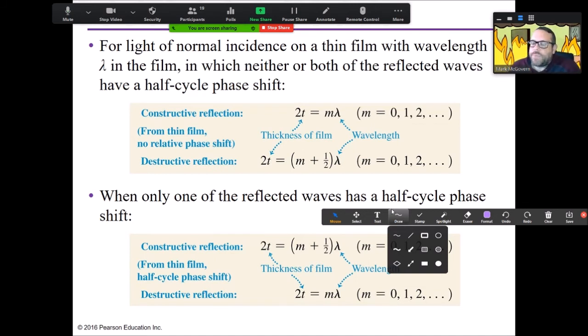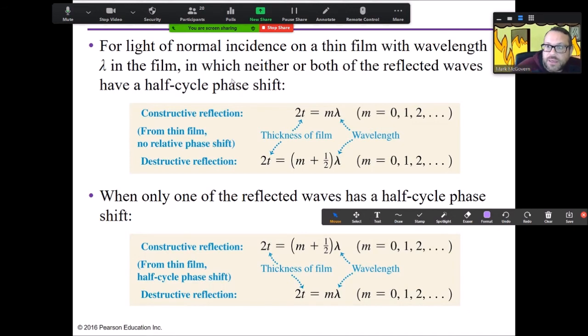Now, if the two beams of light experience no relative phase shift, meaning neither or both experienced a phase shift, then constructive interference is going to follow the same patterns that we know: 2t equals m lambda.